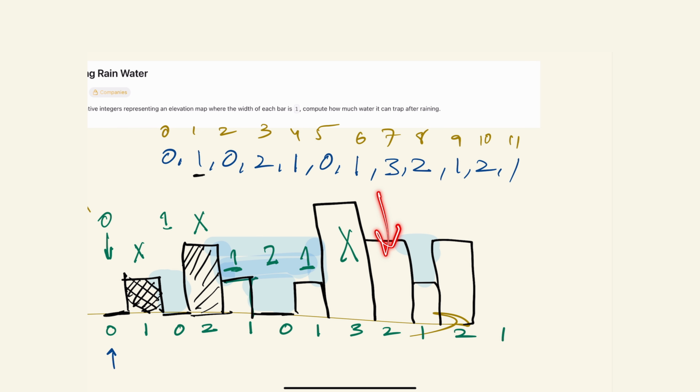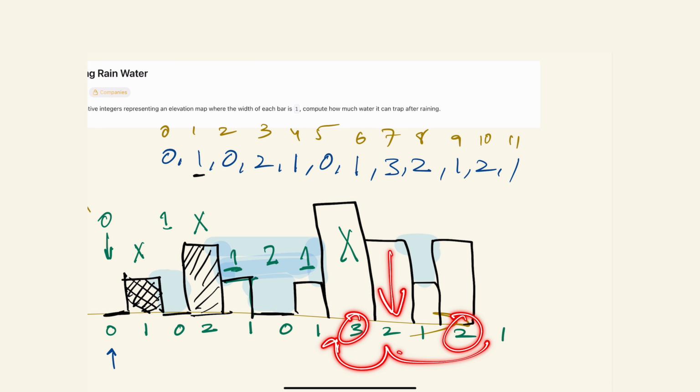Now jump on the next wall, which is 2. Right now I am at this wall. What is the max height on the left? It is 3. What is the max height on the right side? It is 2. What is the minimum value on this one? Which is 2. Now this 2 I am going to subtract with 2. So it will be 0.